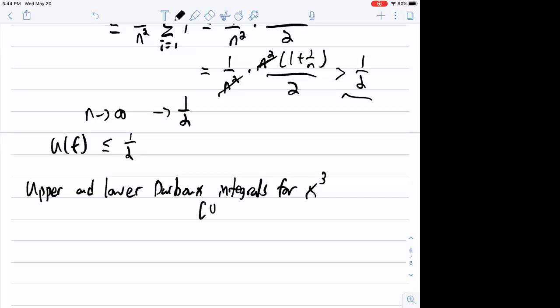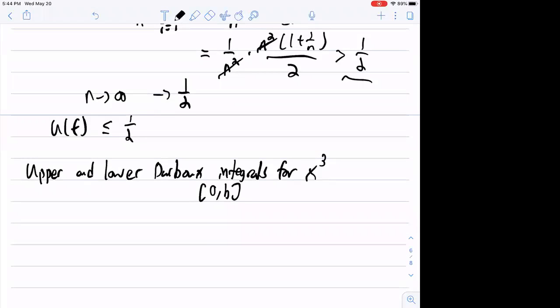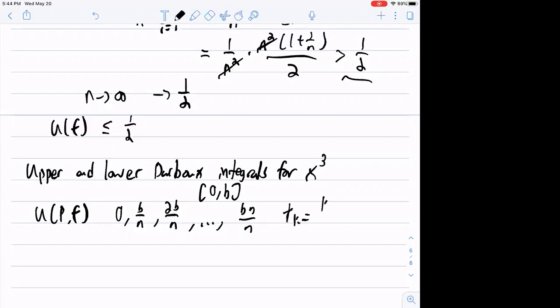I really don't like it, but let's do it with B. So we're going to have factors of B. Let's compute U of P F. You're going to choose a partition that's good enough. The first thing you try is the 1 over n's. So let's partition it by B over n, 2B over n, all the way to Bn over n. We have n terms, so my t_k is kB over n.